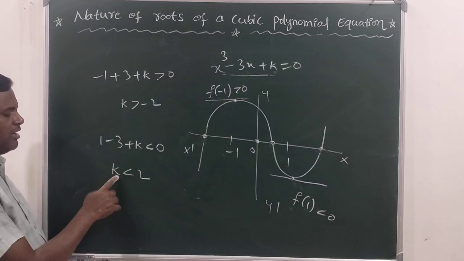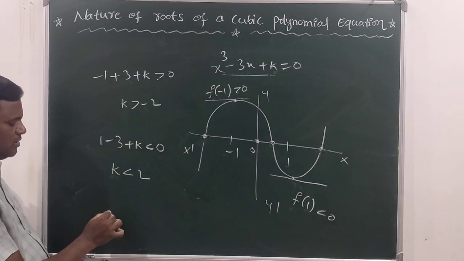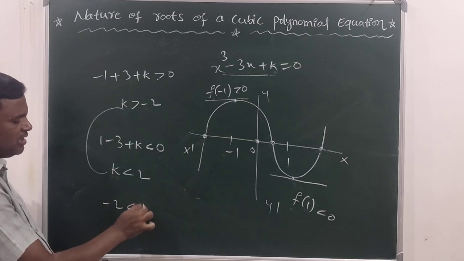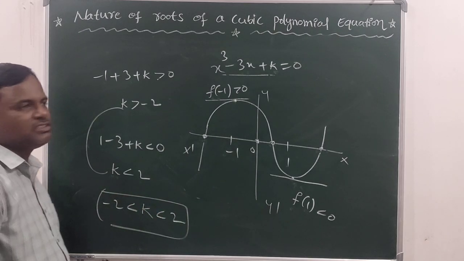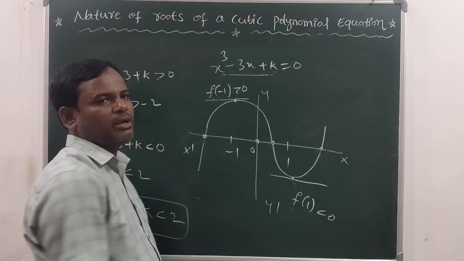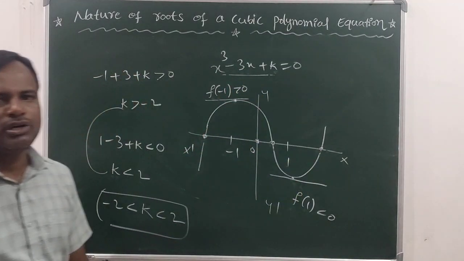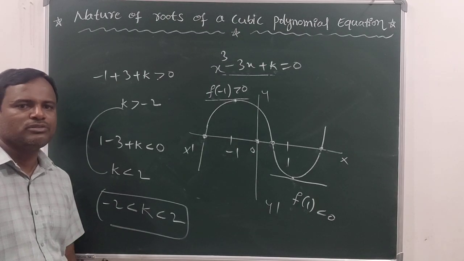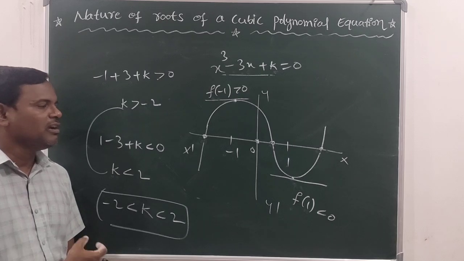Okay students, k is smaller than 2 and k is more than minus 2, so the common portion of these two is minus 2 less than k less than 2. This is the required interval for k, such that this cubic polynomial equation will get one negative real root and two positive real roots.